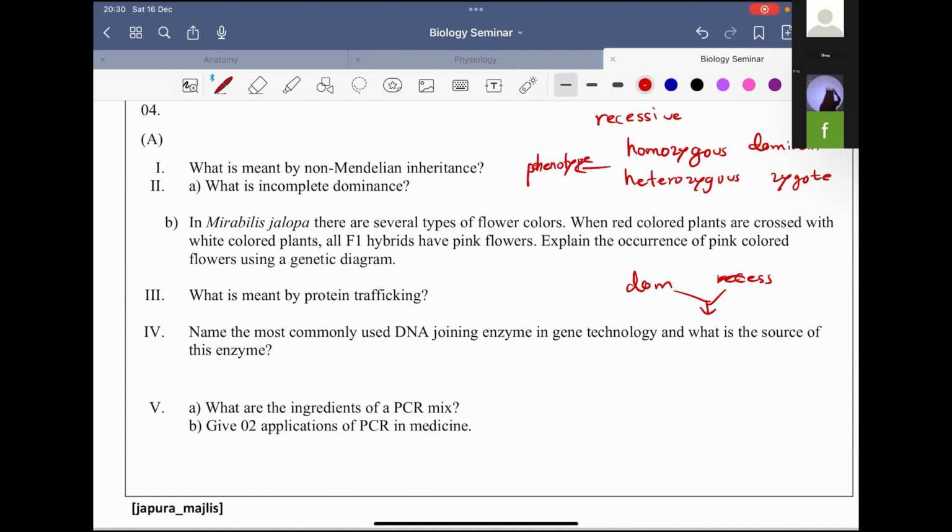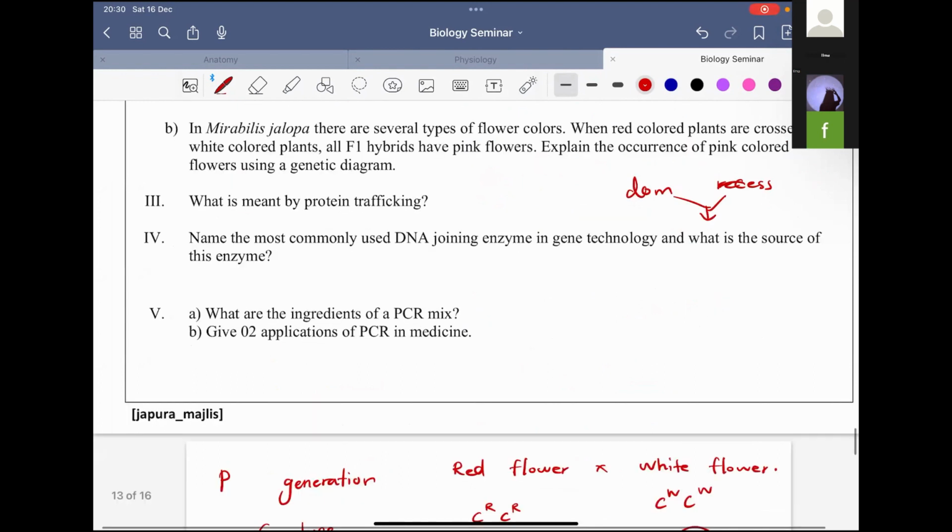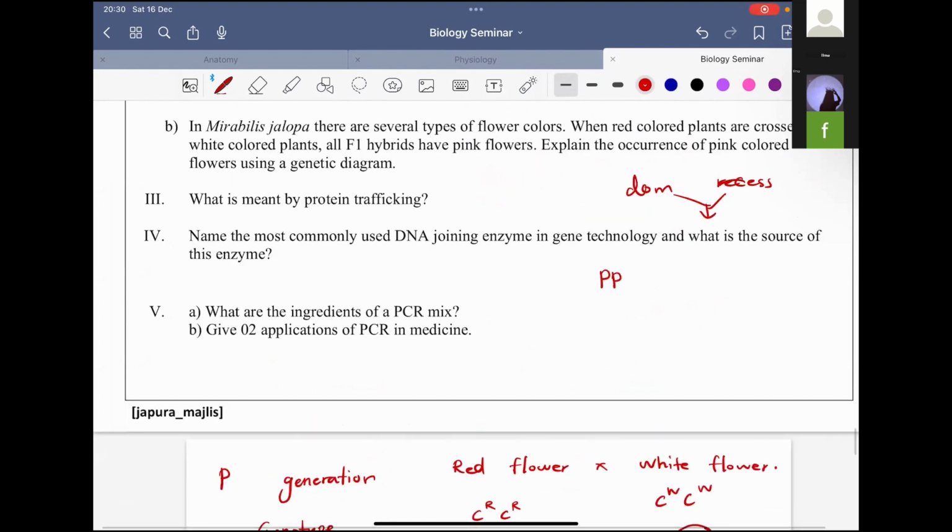So there are certain polypeptides that have additional segments beyond what is required for their function. Those segments are not necessary for their function, but they are there because they act as signal peptides.